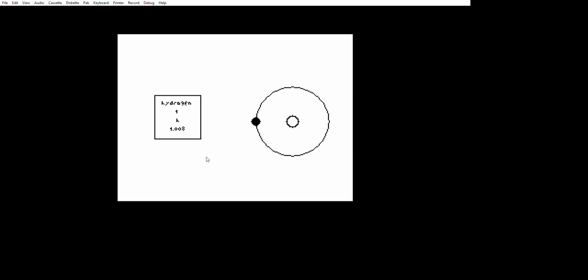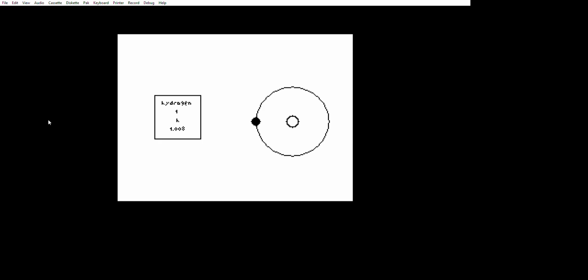So if you had like 5 protons and the number down here was 10, 10 minus 5 equals 5 neutrons. So that's really what this number down here is for. You can estimate the number of neutrons, and that's it.